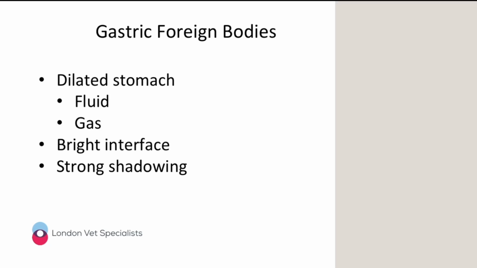So a big stomach that's got a whole bunch of fluid and gas in it. And in amongst all of that fluid, gas, and usually particulate ingesta, you will come across a bright interface that is strongly shadowing. And it's that bright interface that's strongly shadowing that is our gastric foreign body.